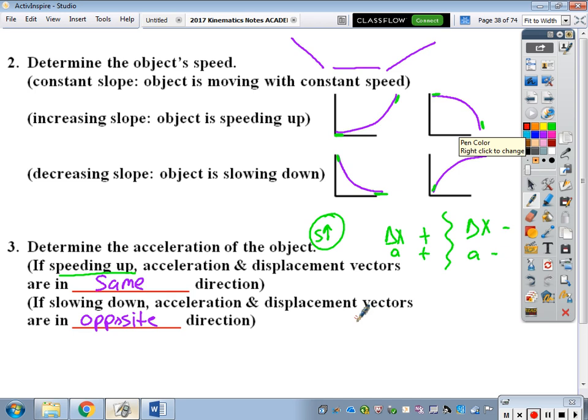If we have a decrease in our speed, then they have to point in opposite directions. So if the displacement is positive to start off with, then the acceleration would be negative. Or, separate from that, if the displacement were negative, then the acceleration would be positive.